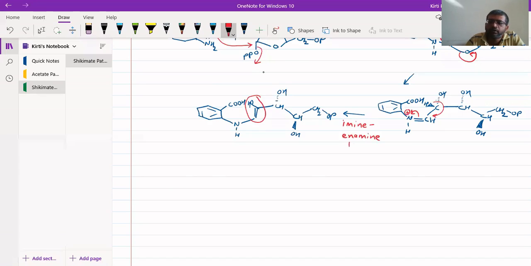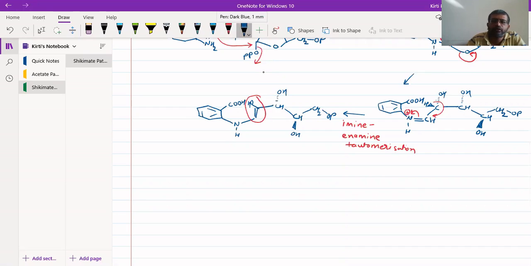Here we had an imine, and here we have got an enamine. From imine we have obtained enamine, but we have also got an enol. So this enol will now undergo again tautomerism, but now it will be a keto-enol tautomerism.